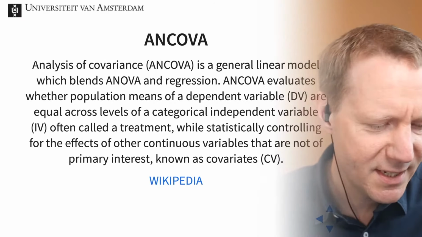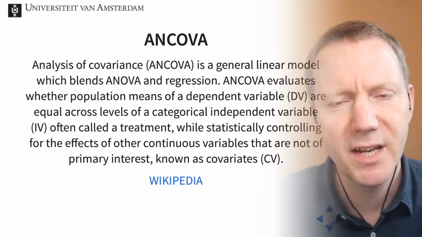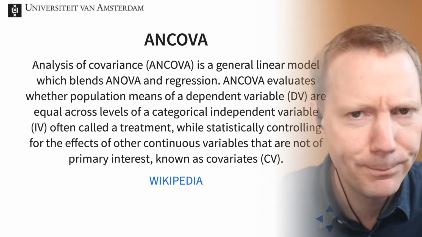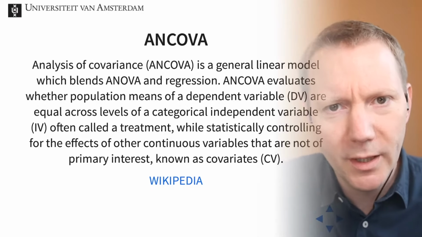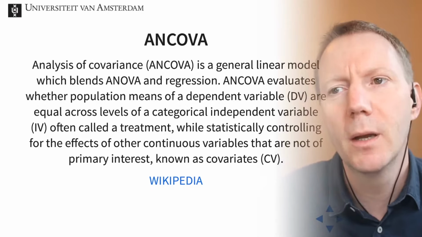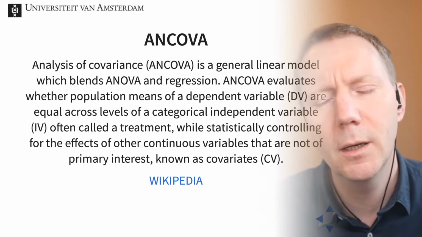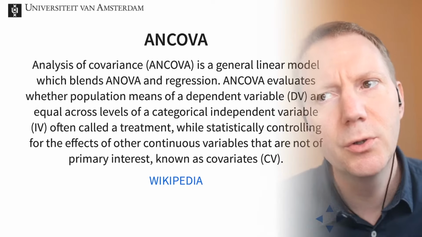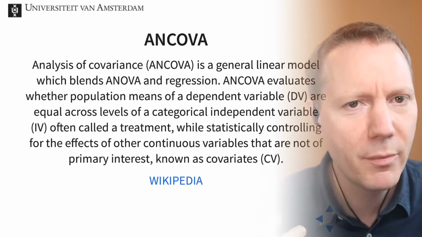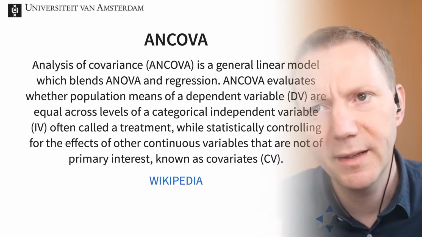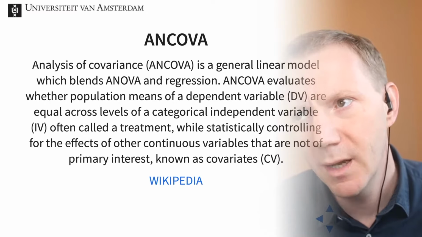The ANCOVA is essentially a slight extension on the independent ANOVA that we performed last week. But with the ANCOVA, let's say you correct for some covariate. There might be some variable that you know exists that could influence the outcome of your results.